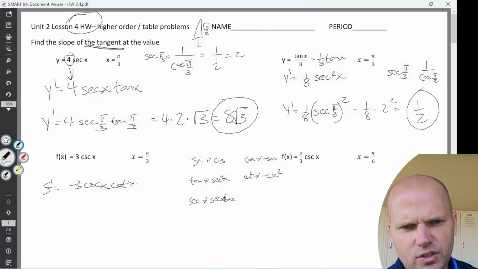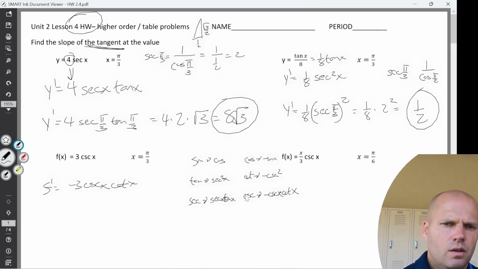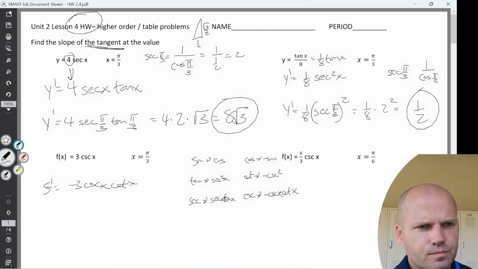Have this written down. This is one of those things that we have to memorize and figure out a way to do it yourself.